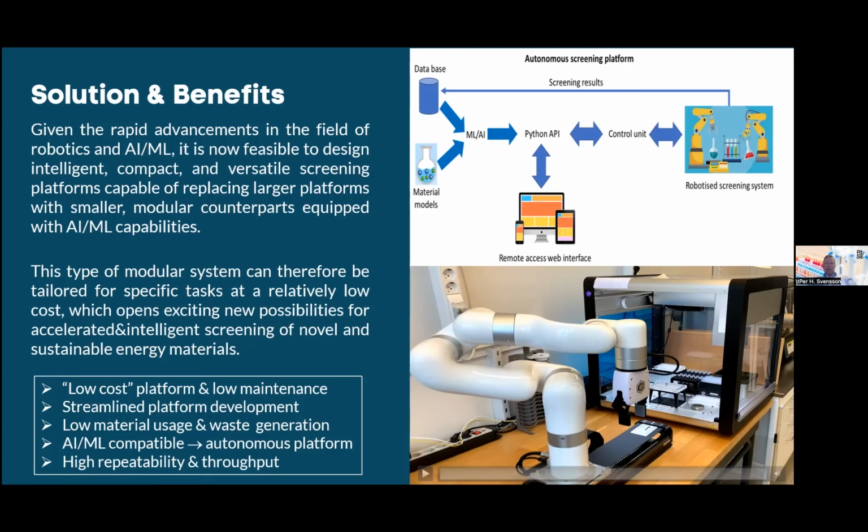This type of modular system has also other important advantages, such as much less use of material. Of course, the implementation of machine learning and AI is much easier, and we could therefore also go forward to create an autonomous platform. This new system also has very high repeatability and throughput.